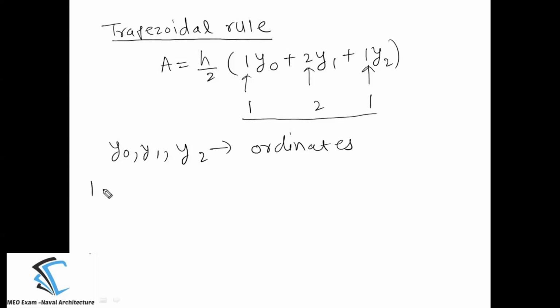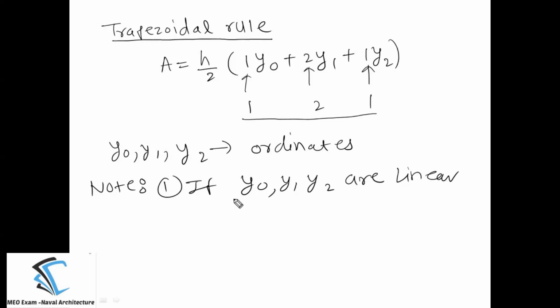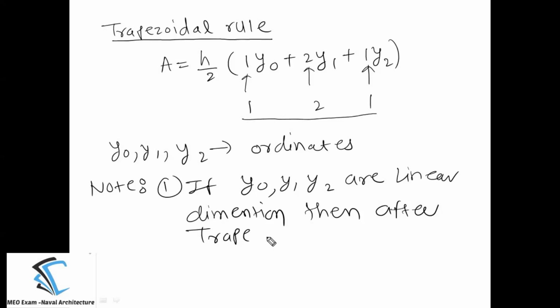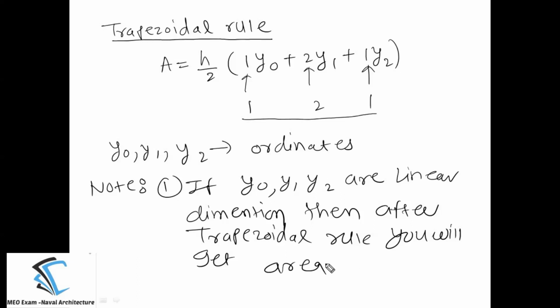Now if y0, y1 and y2 are linear dimensions, then after using the trapezoidal rule, you will get the area.